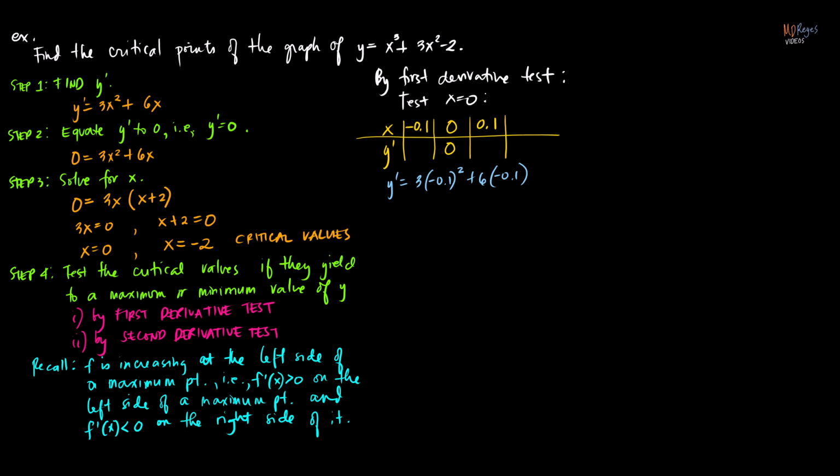So y prime is either greater than 0 or less than 0. Now, obviously, because 6 is greater than 3, and the second term here would be a negative number because 6 is multiplied by negative 0.1, then this value is less than 0, or a negative number. So y prime when x is equal to negative 0.1 is negative.